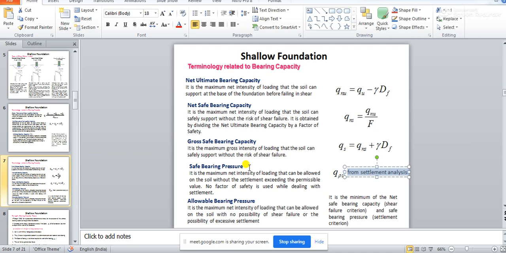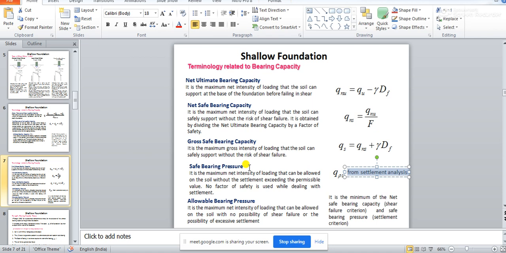So, basically, allowable bearing pressure, the final term you are seeing here, is nothing but the maximum net intensity of loading that can be allowed on the soil with no possibility of shear failure or the possibility of excessive settlement.